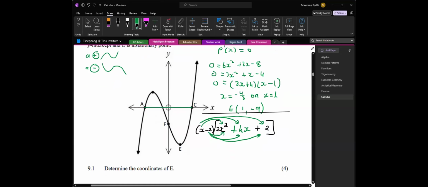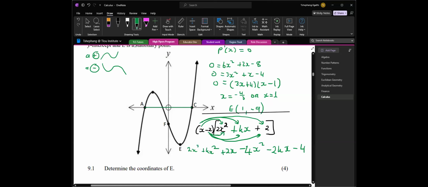So if x multiplies by everything in the bracket, I'm going to have 2x to the power of 3 plus kx squared, then plus 2x. Now if the minus 2 multiplies, I'm going to have minus 4x squared minus 2kx minus 4 if I multiply that.